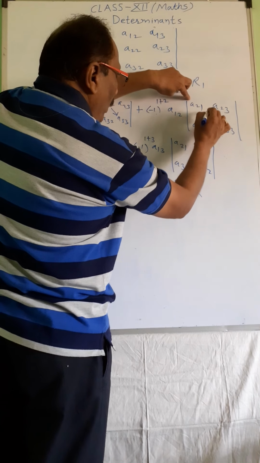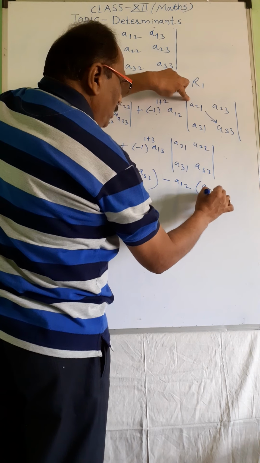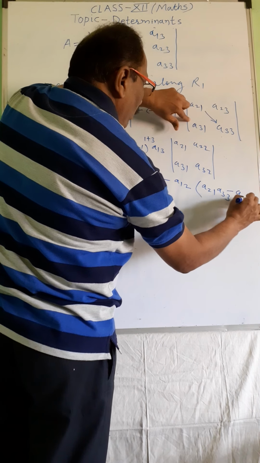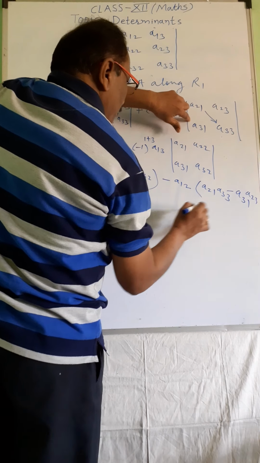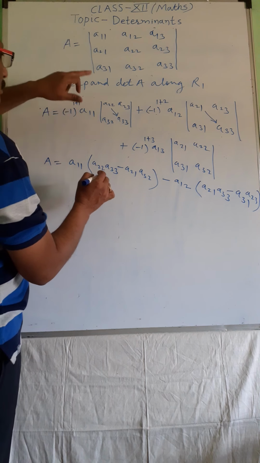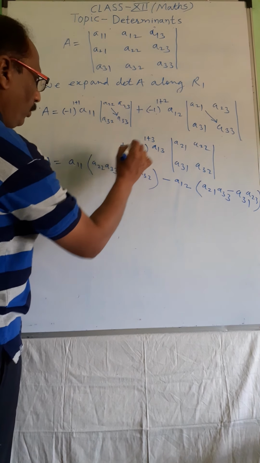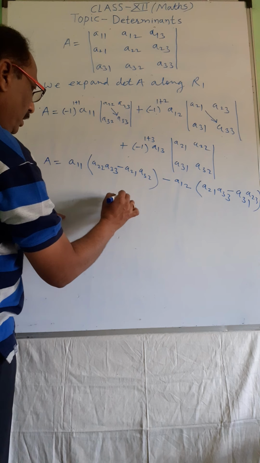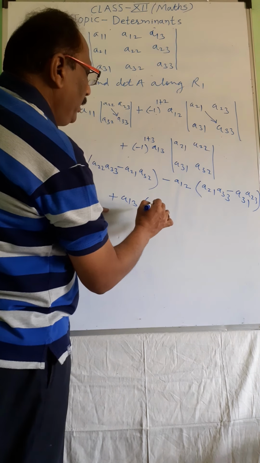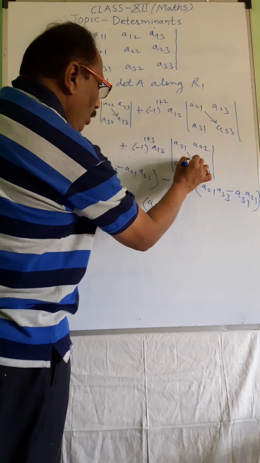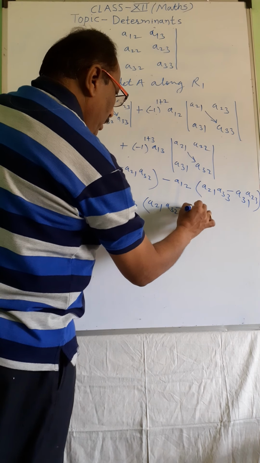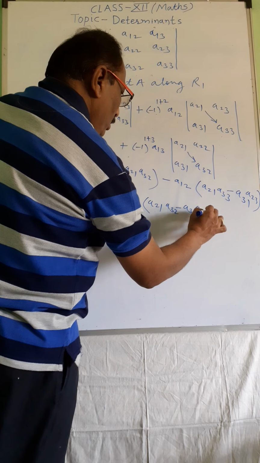Here A21, product of these two numbers, subtraction A31, A23. Then minus 1 raised to power 4, means again positive, plus A13, then it will be A21, product of these two numbers, A32 minus A31, A22, like this.